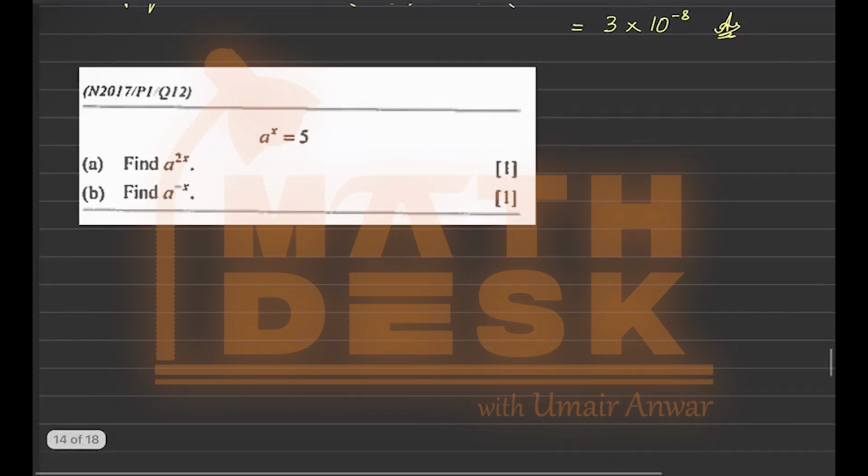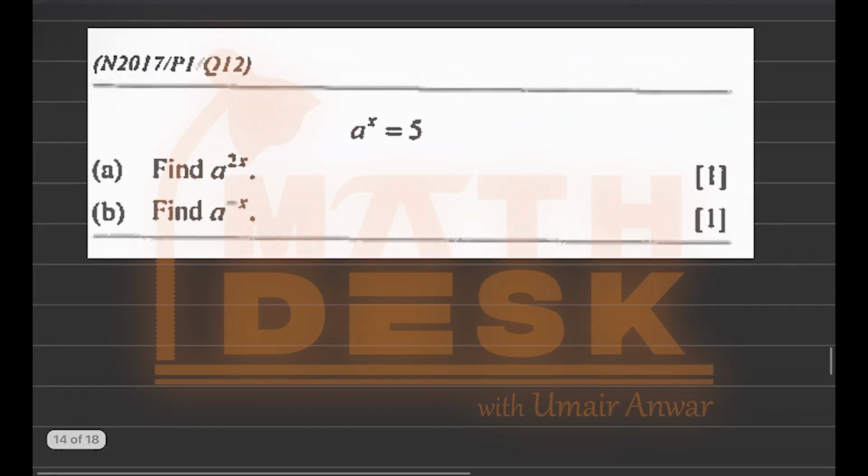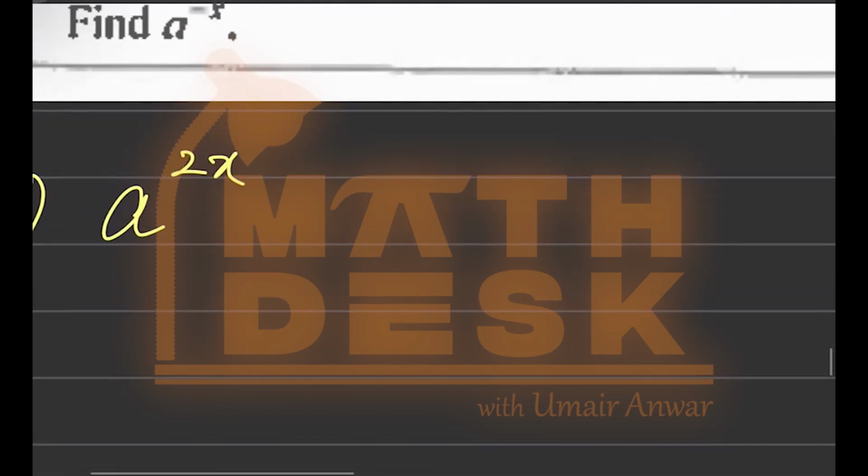Okay, the next question is from November 2017, paper 1, question number 12. It says that a raised to x is equal to 5. Find a raised to 2x. So a raised to 2x would be equal to a raised to 2 multiplied by x.